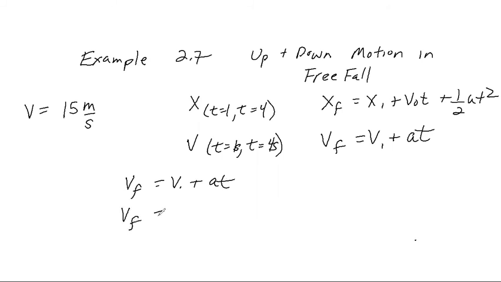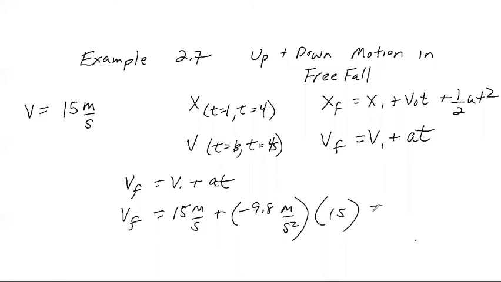So V final equals 15 meters per second plus a negative 9.8 meters per second squared times 1 second. 15 minus 9.8 is going to give me 5.2 meters per second for my velocity final at t equals 1 second.